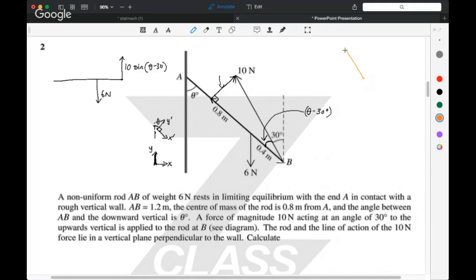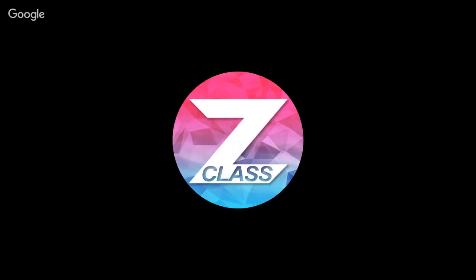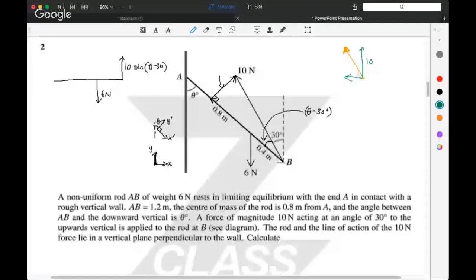The other alternative, which might be easier for some people, is to first take this 10 Newton force and resolve it along the page's axis, so the straight up vertical, like the wall up. And then imagine that you just have that guy and that guy, which is equivalent to the 10 Newton guy.